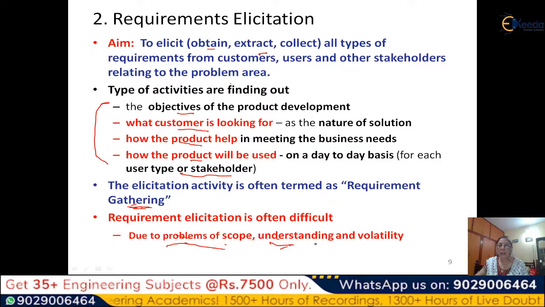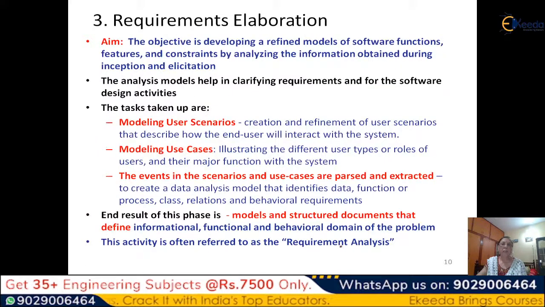And volatility is there because it keeps changing. So the requirement may keep changing. By the time we have collected it, later on it may change. So that is another problem in getting the requirement. We have to keep in mind that this may happen.